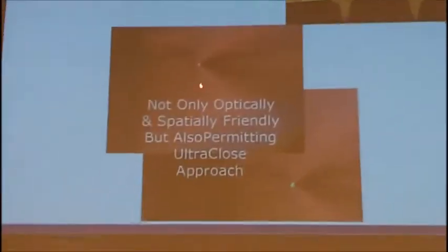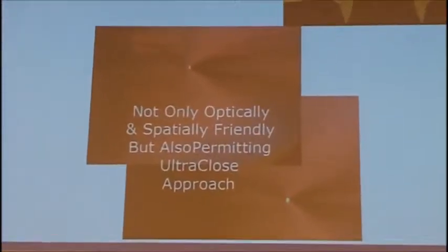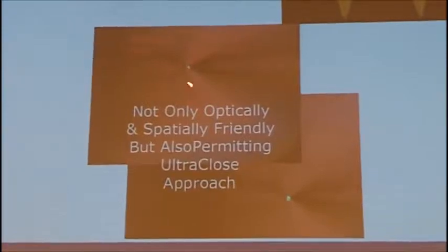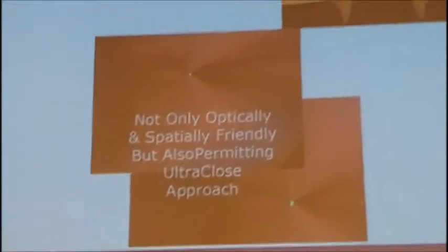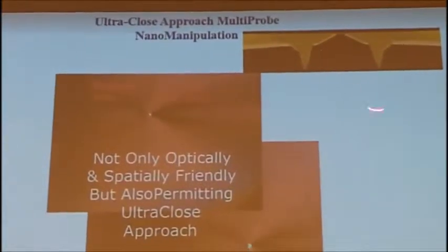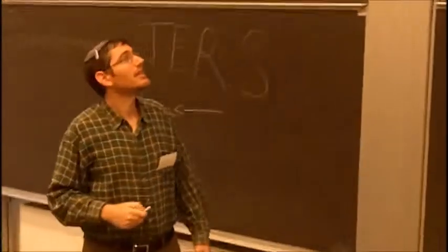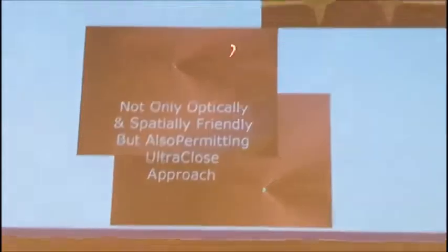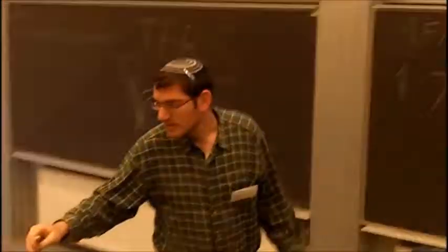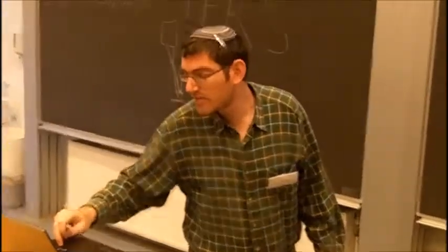In this case, where we have these glass bent tips, they can get very close to each other. And also they don't block. If we look here from the top, we can't really see what's going on. So here, we're not blocking the optics from above or from below.